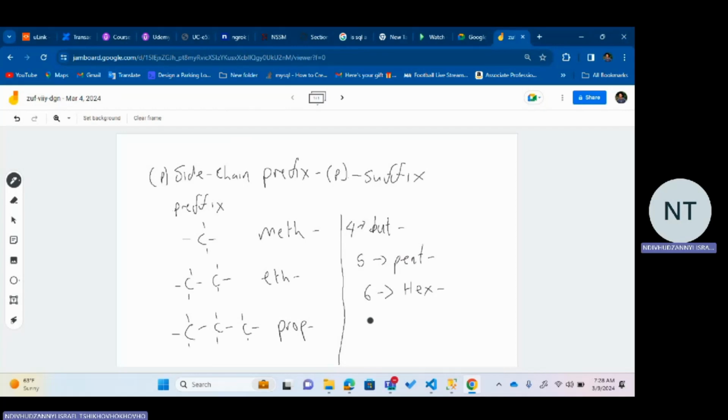If we have 7, that's going to be hept. If you have 8, that's oct. So these are your prefix. Every time when trying to name a molecular structure, it should consist of a prefix.